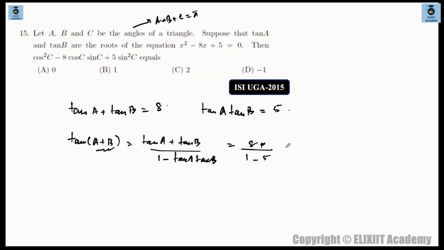This is minus 4, so this is minus 2. So tan of A plus B is minus 2, and tan of A plus B is the same as tan of pi minus C.